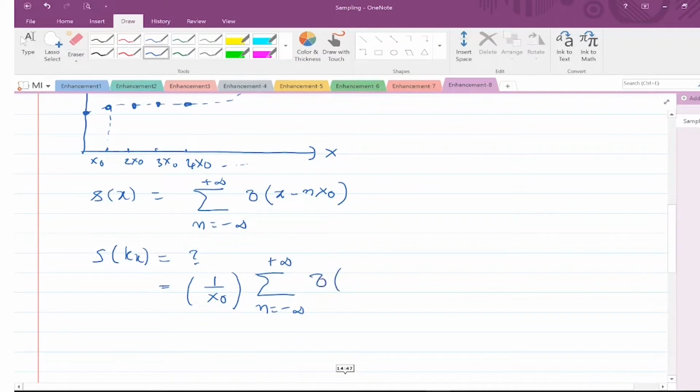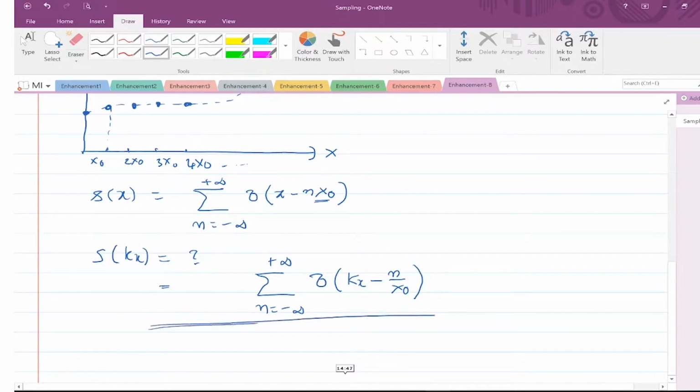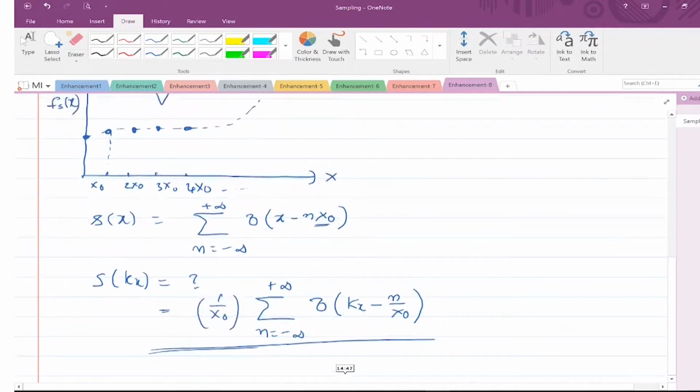You have impulses in the kx space. Now if they are spaced at a distance of x naught here, they would be spaced at a distance of 1 by x naught there. So you have delta of kx minus n by x naught. This is the Fourier transform of the impulse train spaced at a distance of x naught.